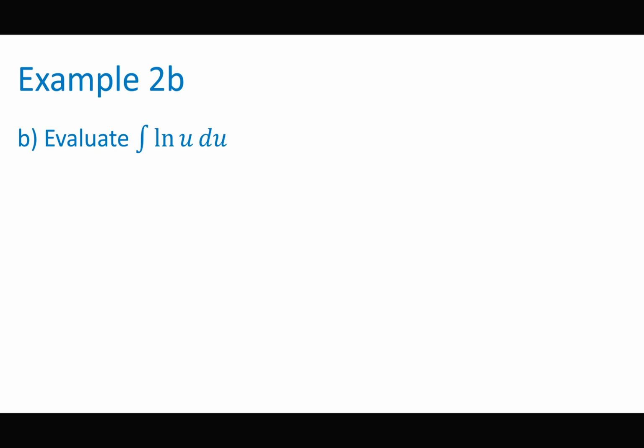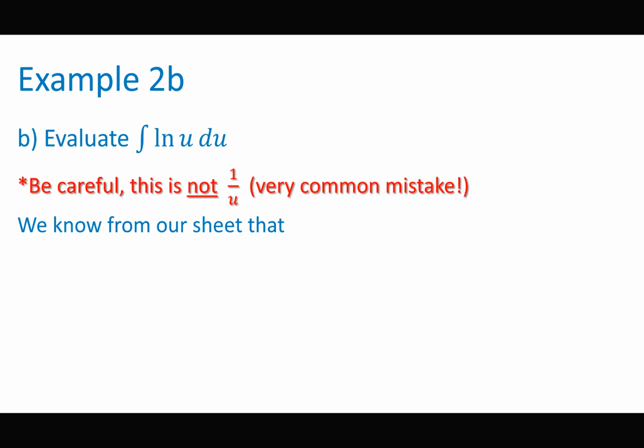Now, if I were to flip this and say, okay, what is the antiderivative of natural log of u? Do not make the mistake and say this is 1 over u. That's very common. Do not make that mistake. The antiderivative of natural log of u is not 1 over u.